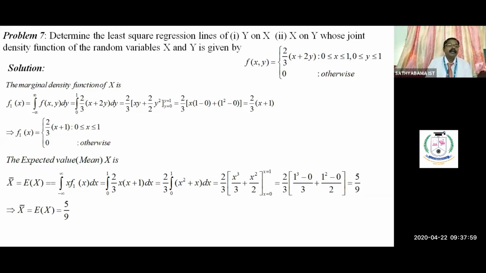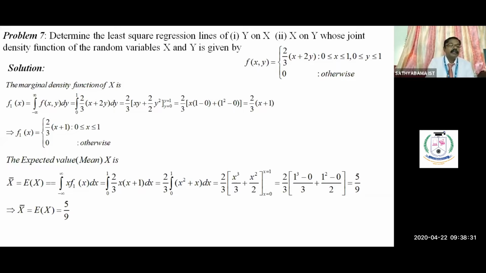The upper limit is 1, so we substitute 1 minus 0 for the lower limit. For the next term, it is 1 square minus 0. By simplifying, we get 2 by 3 x plus 1, that is the second line. So we get the marginal density function.